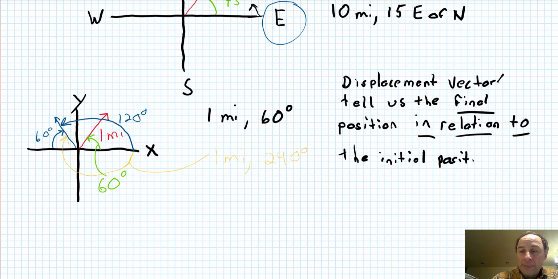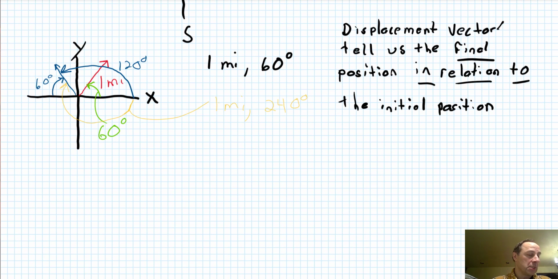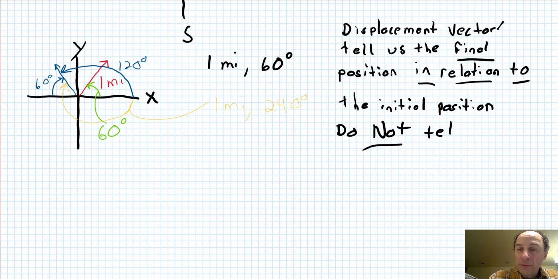Note that in both of these cases that I drew here, whether it's the north, south, east, west, or the mathematical XY, the origin is where the vector was assumed to start. Displacement vectors do not tell us the path followed.